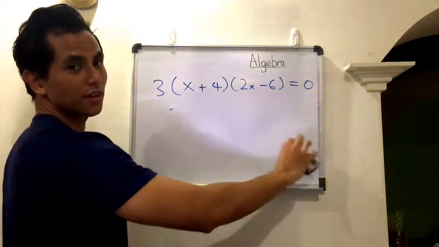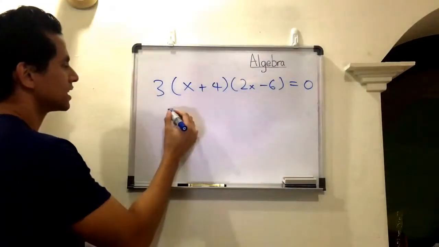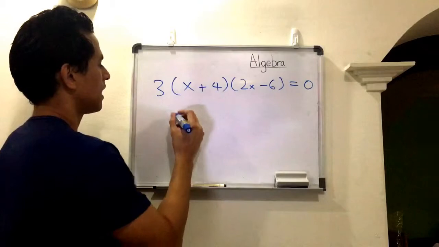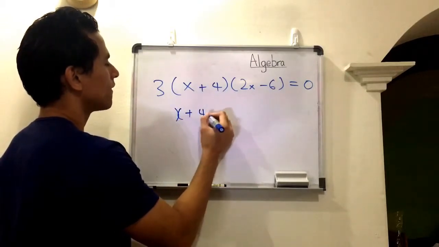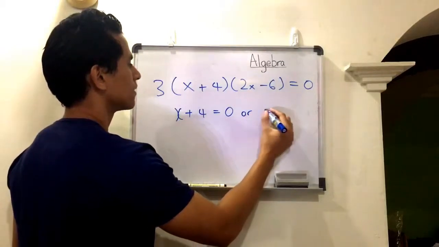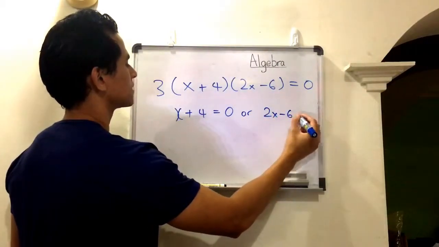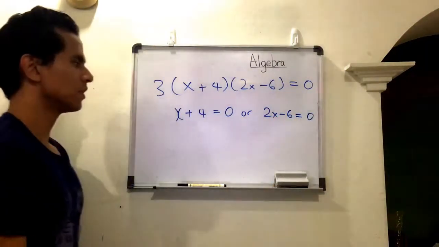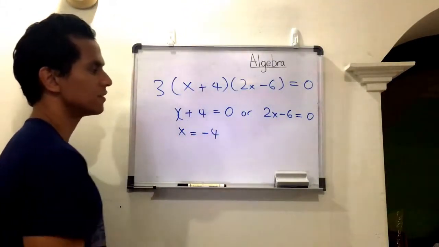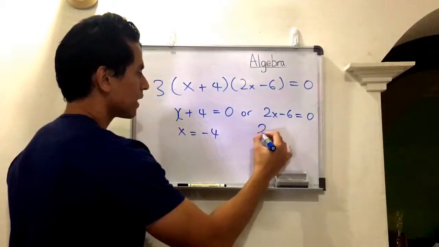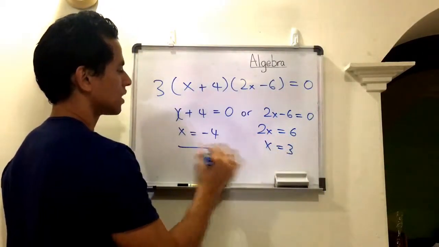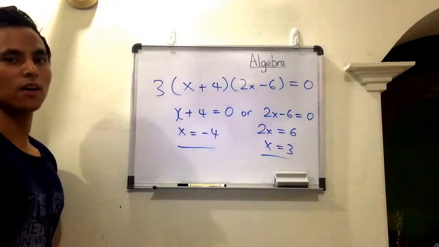Therefore, we can just write x plus 4 equals 0, or 2x minus 6 equals 0. Hence, our answer will just be x equals negative 4, and 2x equals 6, x equals 3. So our two answers. Okay, great.